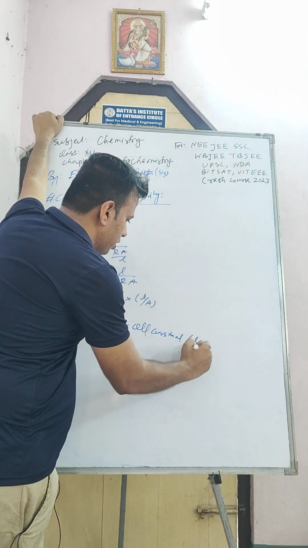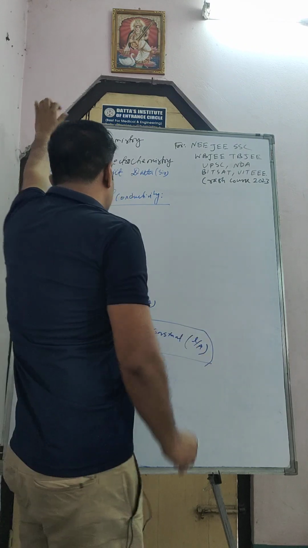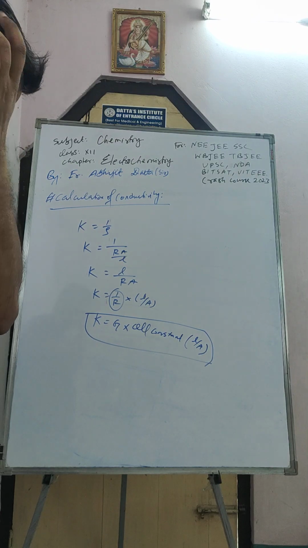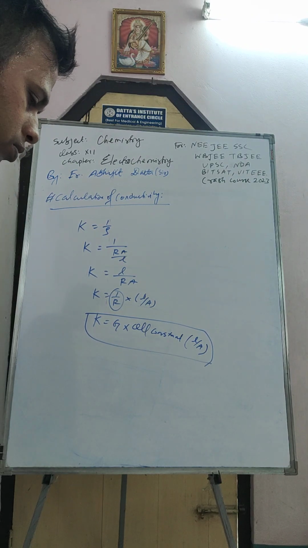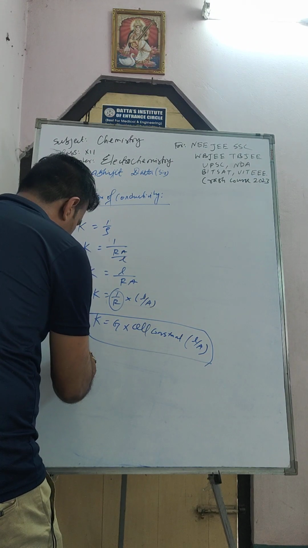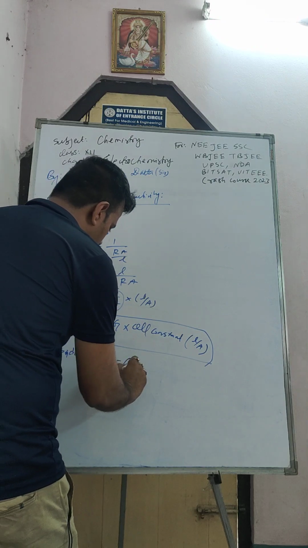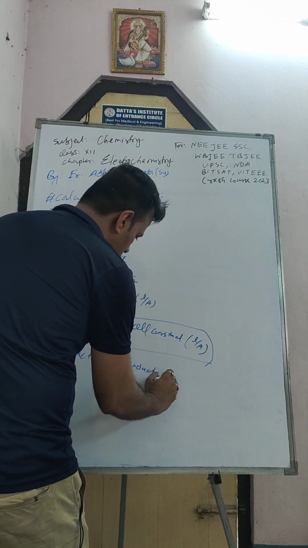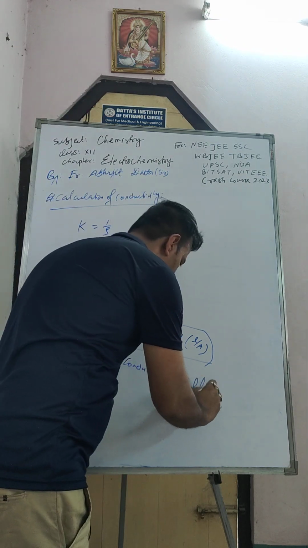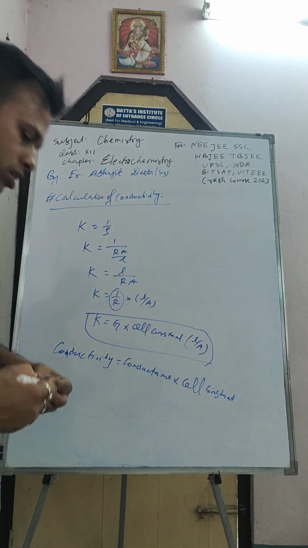So conductivity K equal to conductance into cell constant. Fine.